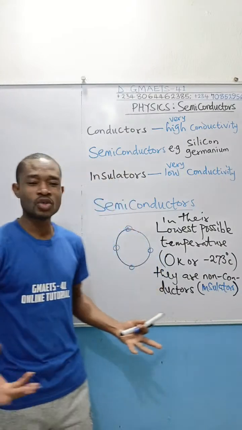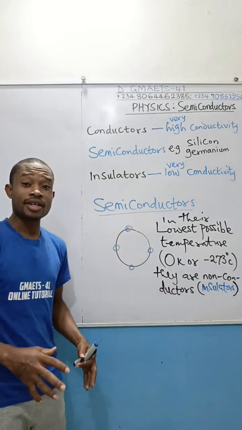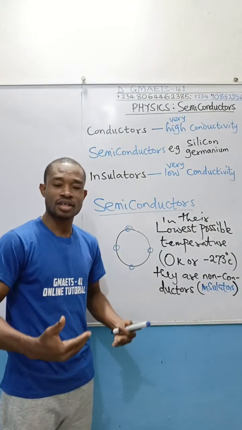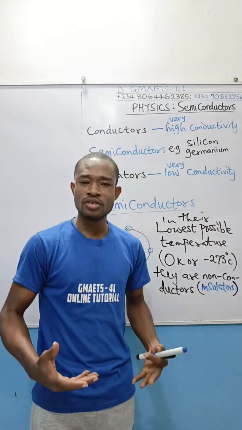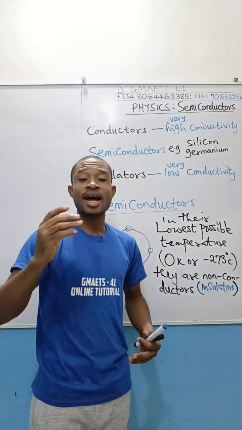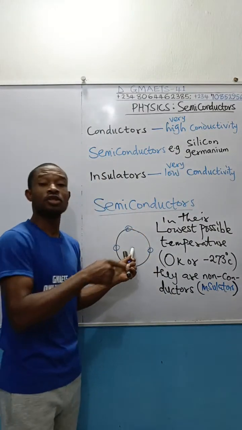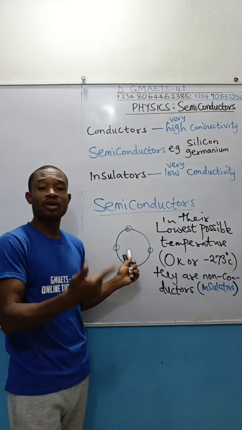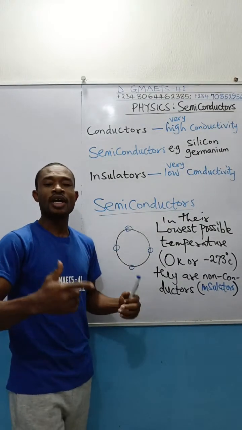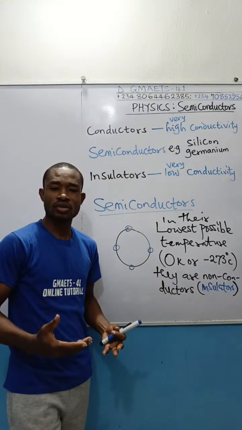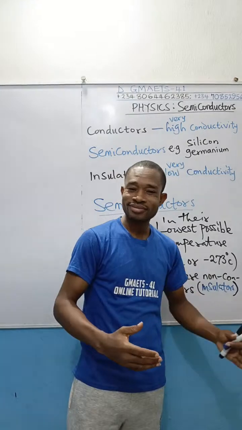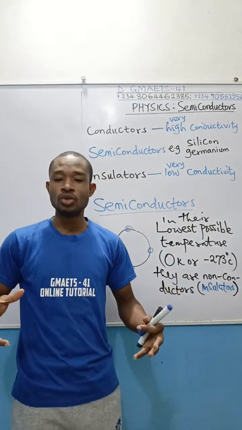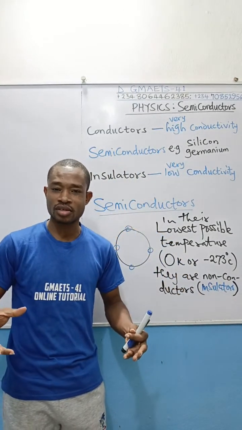The question now is, what can you do to this atom so that it can conduct electricity, so that the electrons will be free to move? Because as long as the electrons are held bound to the nucleus, it won't allow current to flow. But if you are able to free the electrons, they will start to move, creating what we call holes in the study of basic electronics.